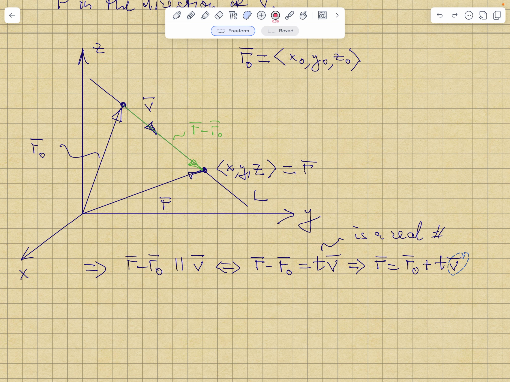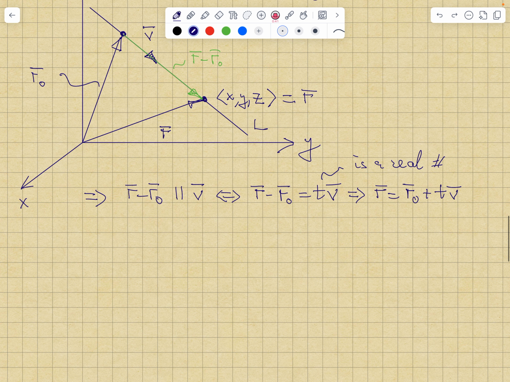So this is a totally reasonable equation. This is called the vector equation of the line.